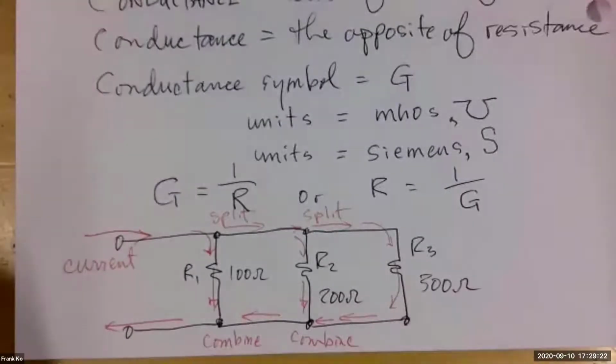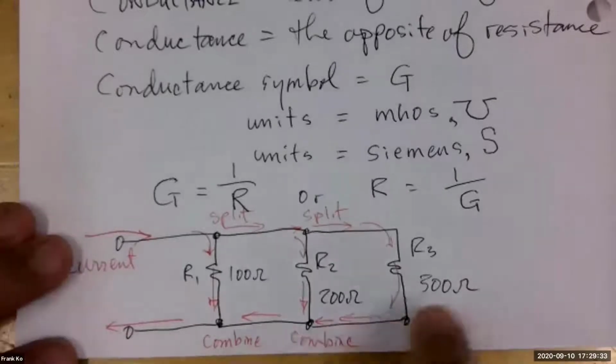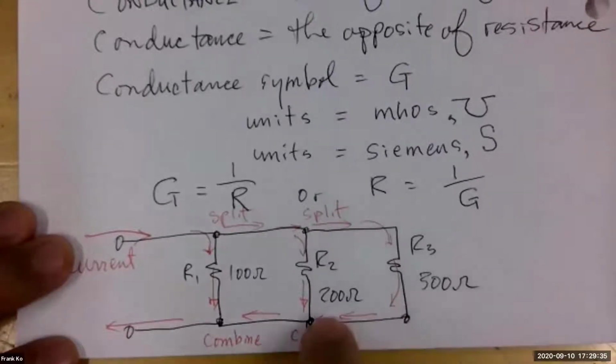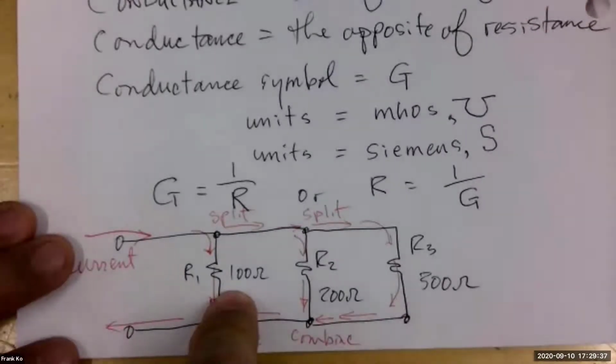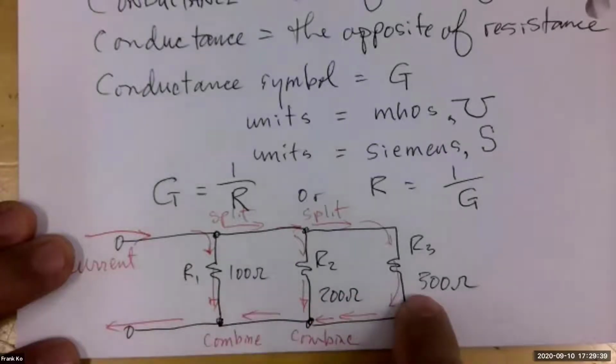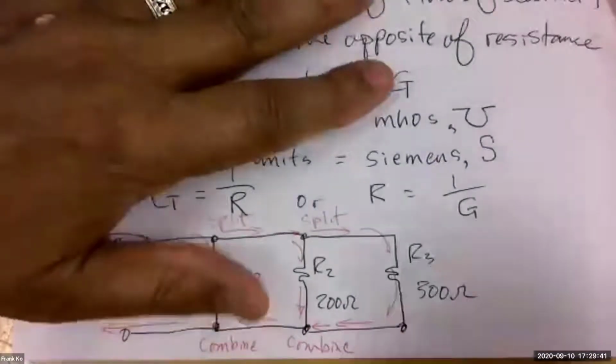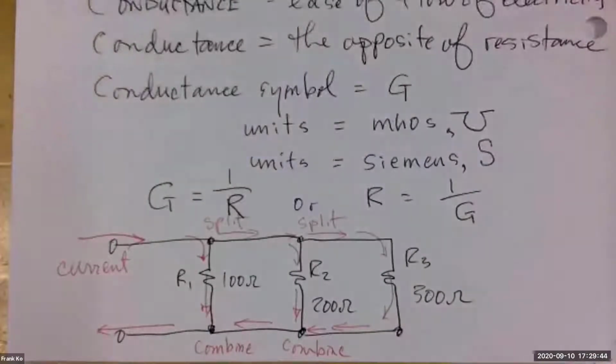Now, if you were asked to calculate, which path would represent the highest ohms? Well, the highest ohms, 300 ohms. This is the least amount of ohms. And if you think about resistance, remember the drawing that we had for resistance?